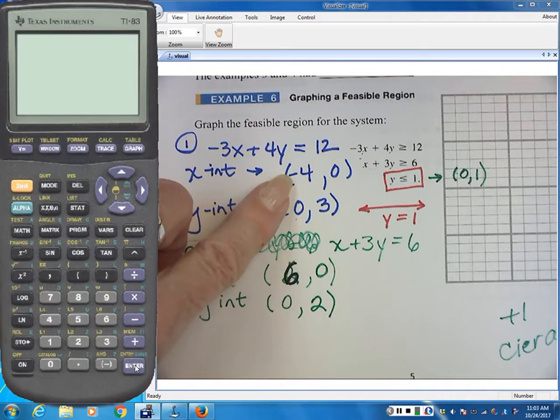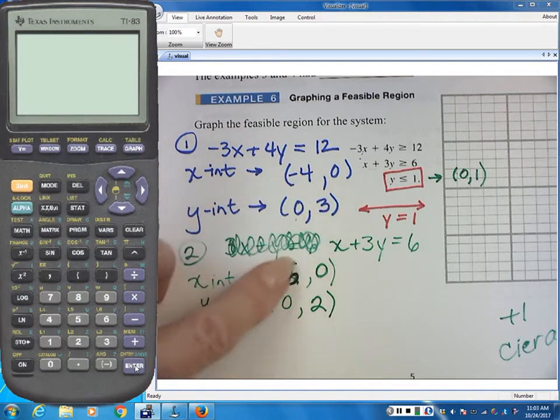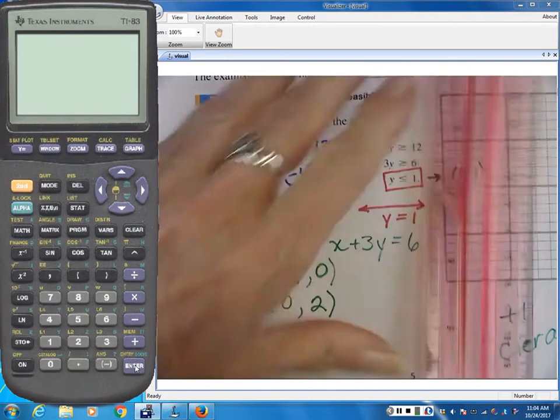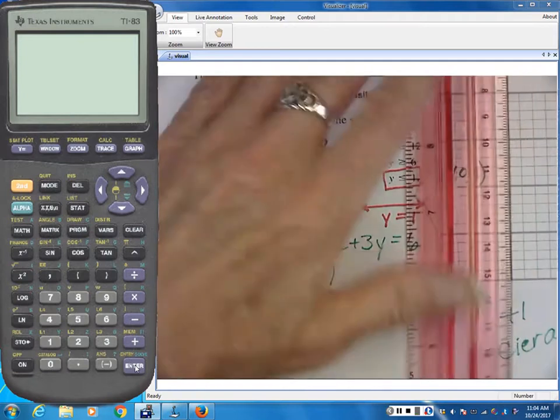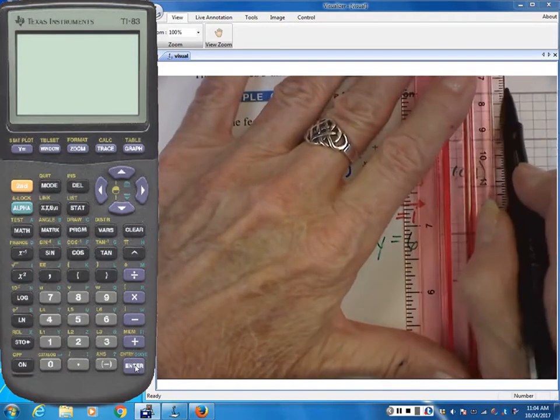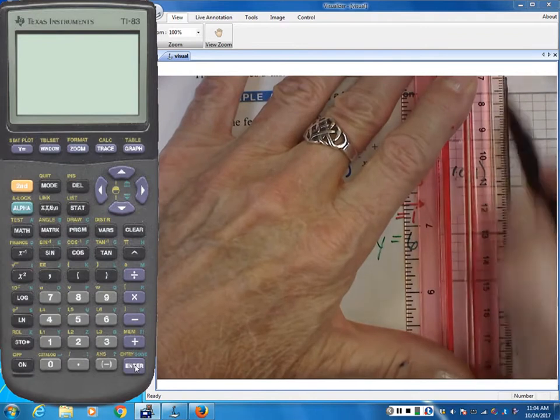This point's going to be to the left of the y-axis. This is going to be to the right, and both of these are going to be to the right. So probably a good way to draw my axis, thinking ahead a little bit here, I'll choose my x-axis to be right here.